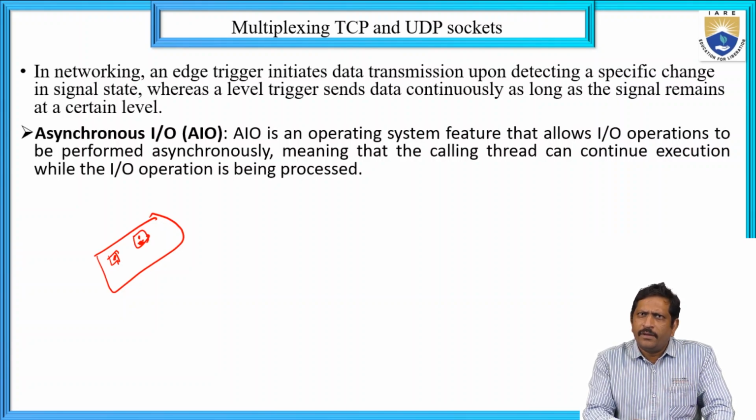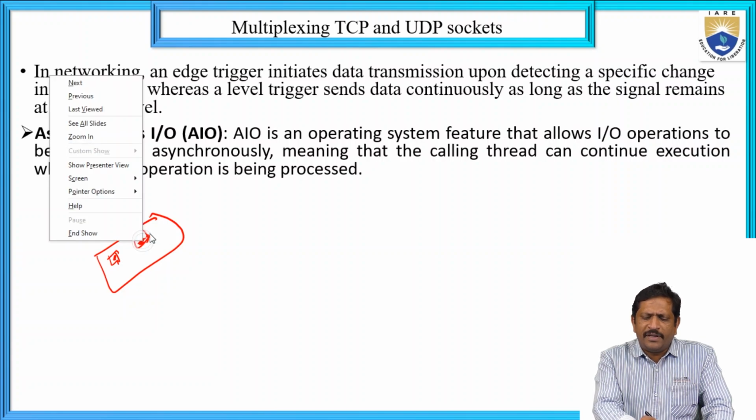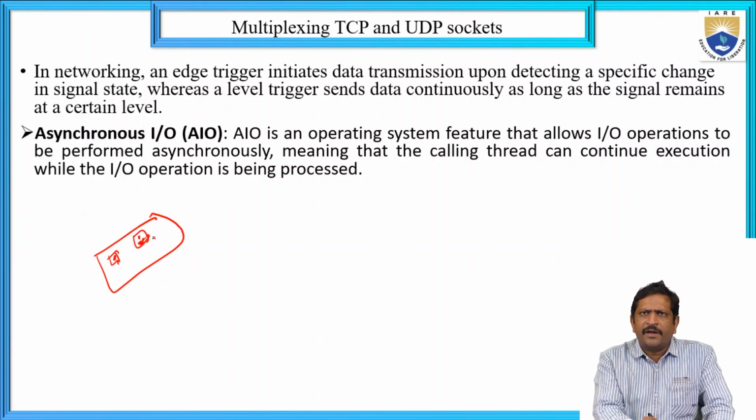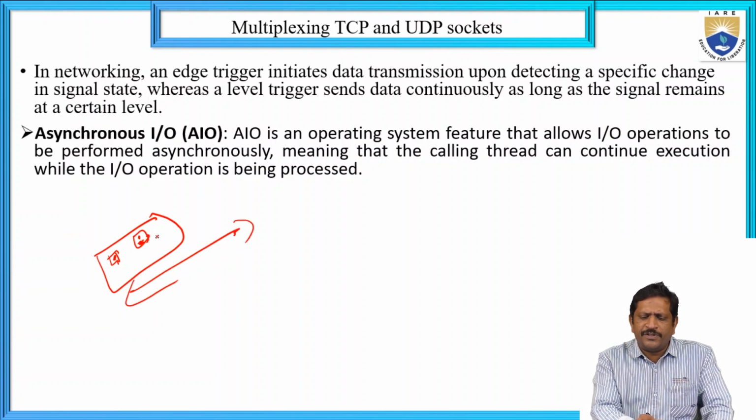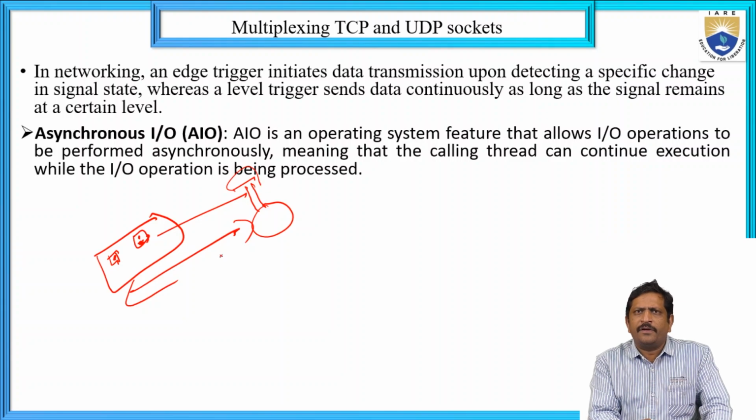And level triggering means continuously flowing signals, continuously flowing from the switchboard to the electrical bulb. So that is level triggering.